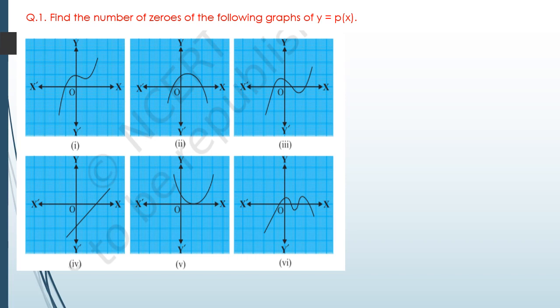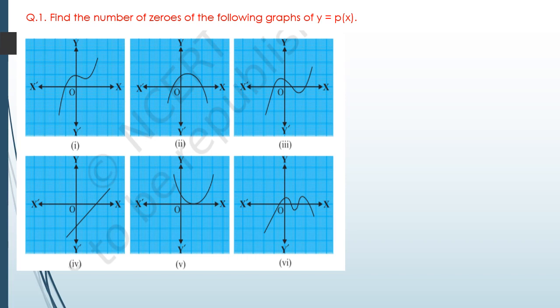It's very easy to do. In the first question, clearly we can see that the graph is intersecting the x-axis in only one point, so it has at most 1 zero. Remember that the graph representing this polynomial is not a linear polynomial, because we can say it is linear if and only if it is a straight line. It may be a cubic polynomial because it has something like an S-shape.